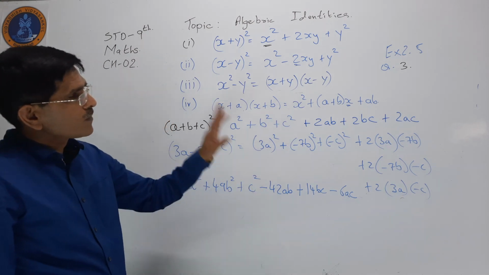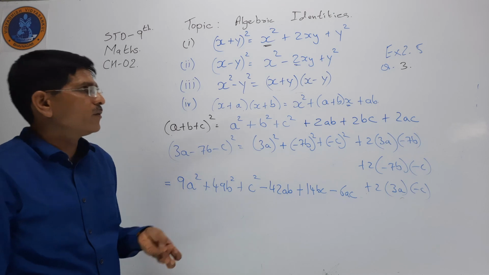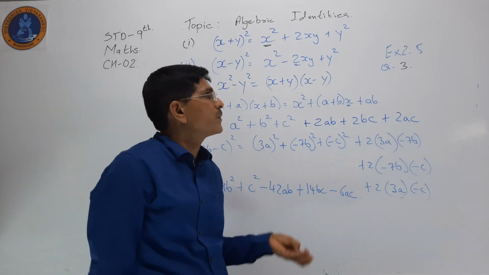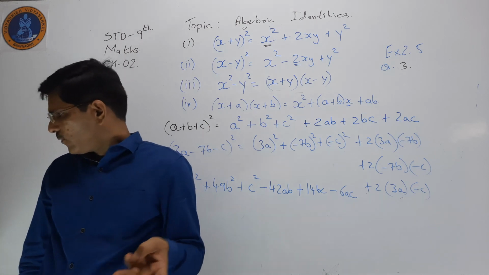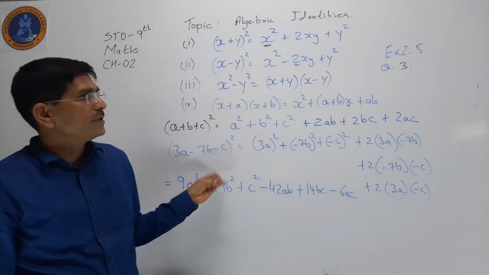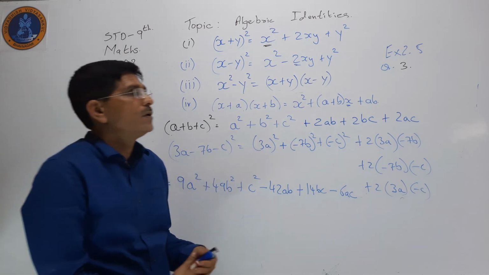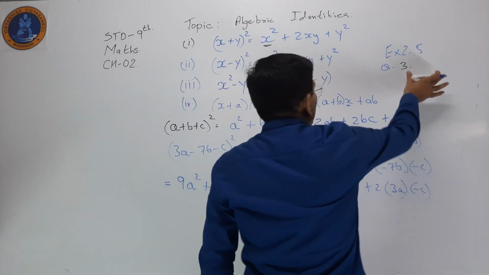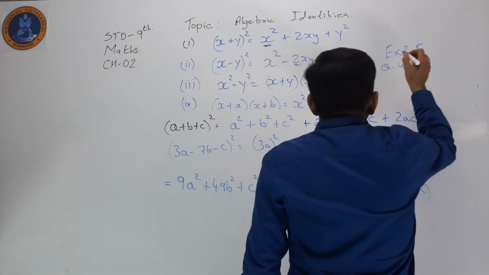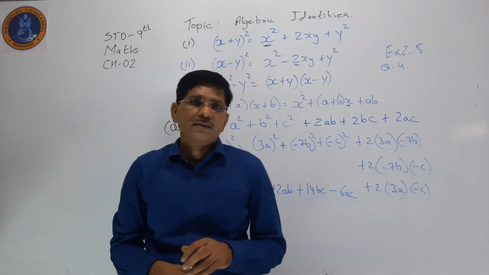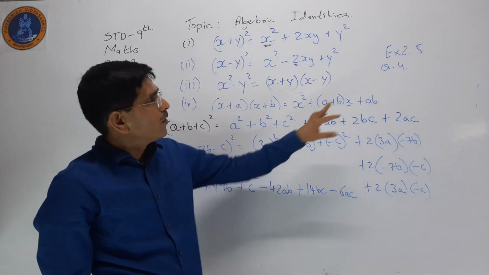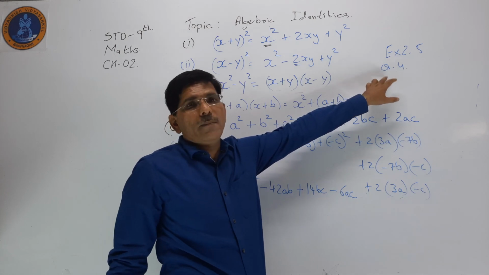So in Exercise 2.5, question number 1 we have completed, question number 2 we have completed, and question number 3 and 4. Fourth, I am doing question number 4. In homework, go through it for the channel always. In online lectures, put homework in the application.